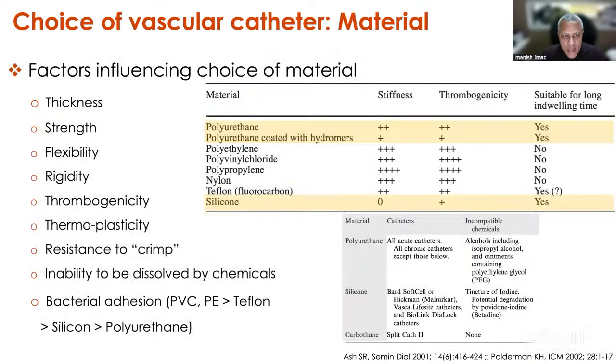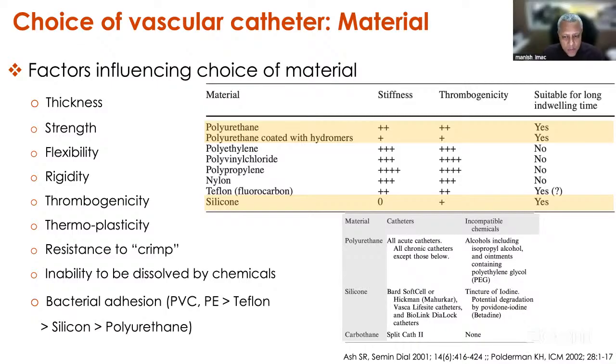Now, in terms of the catheter material, we know there are various factors that influence the choice of the material. So of course you want a material which is thick enough, which has adequate strength and flexibility. It is rigid enough that it allows for easy insertion, but it maintains a certain degree of thermoplasticity, so that once it is inside the vessels, the body temperature heat makes it flexible enough that it does not damage the endothelium of the cells.